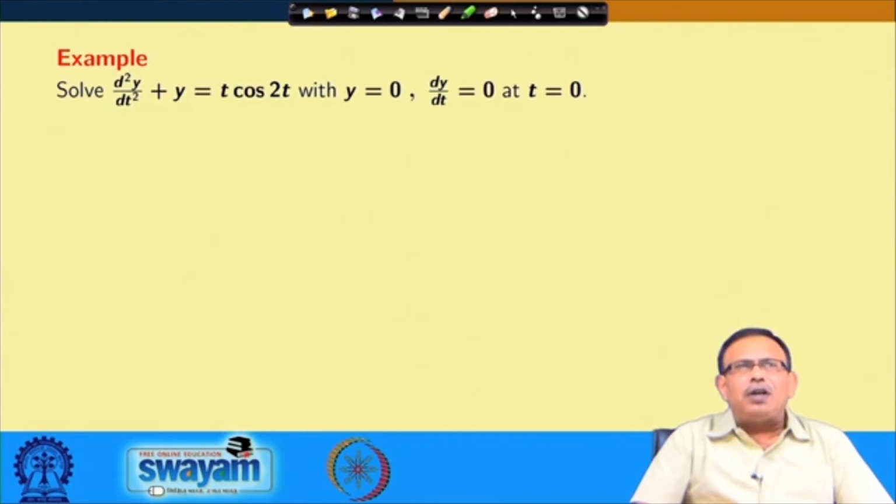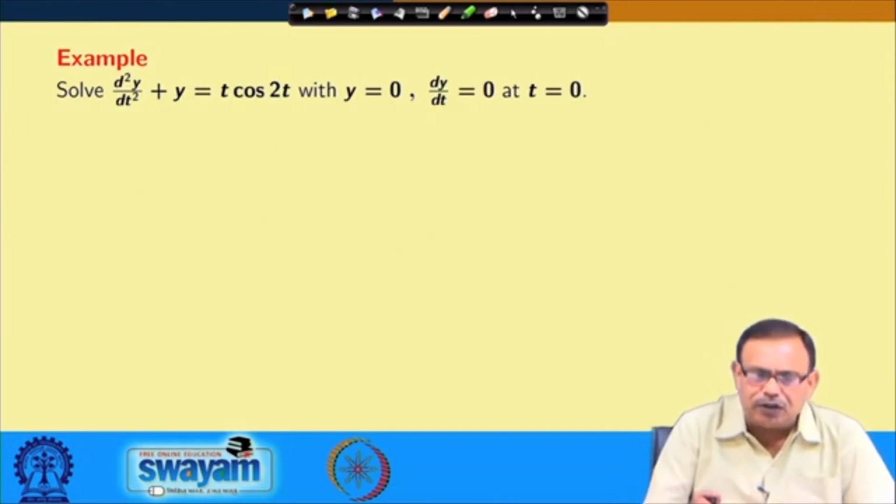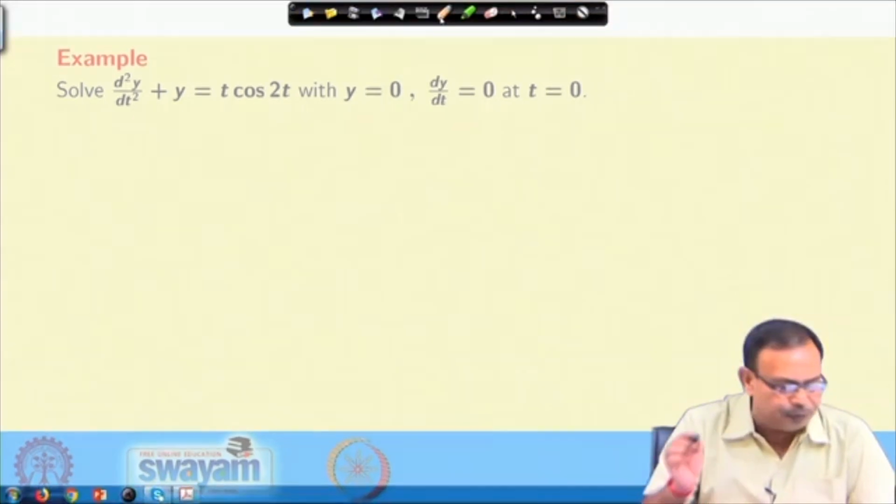Means now on the right hand side you have a function of t, f of t, which is t cos 2t. So, I have to evaluate. See, first part what we did, if there is only 0 on the right hand side of given ODE. Now, we are solving the problem where on the right hand side of the ODE we are having a function of t also.